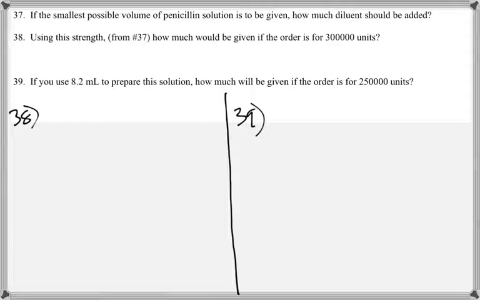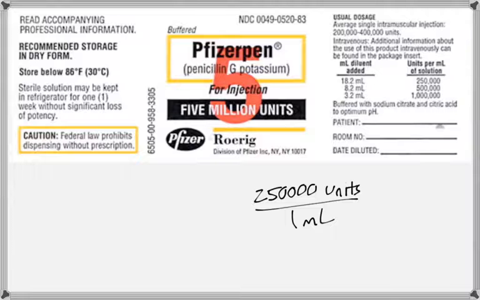Okay, 37 says, if the smallest possible volume of penicillin solution is to be given, how much diluent should be added? So it's kind of easy to get this one mixed up. The 250,000, that is the solution strength, and that's the lowest solution strength.